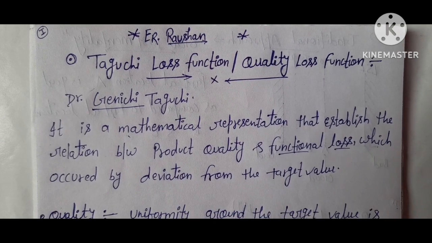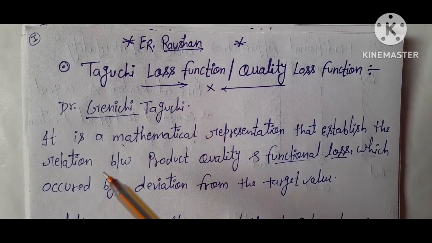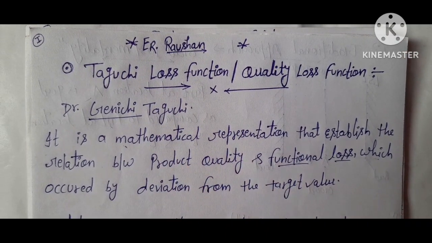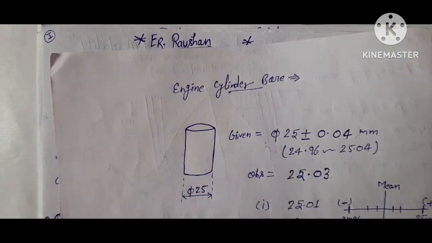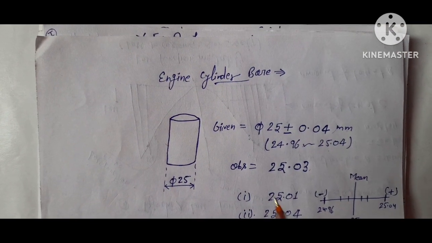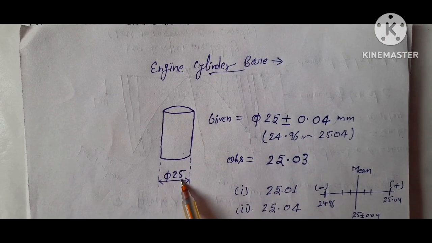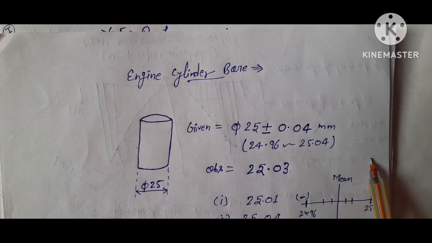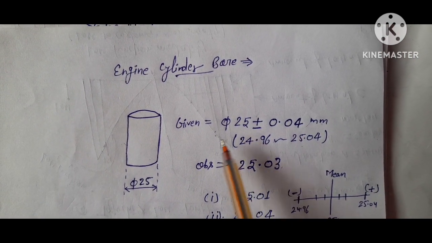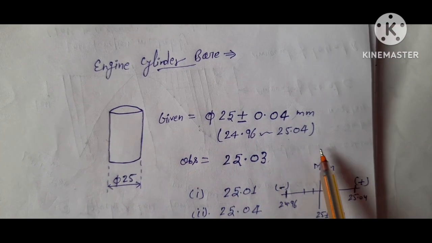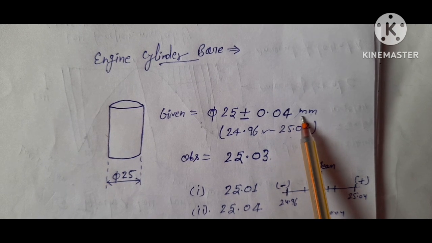So this is a Japanese term. Let us see here, friends, this is an engine cylinder bore having a diameter of 25 mm. 25 mm is the mean value shown in the drawing, and the tolerance given on this mean value is plus minus 0.04 mm.